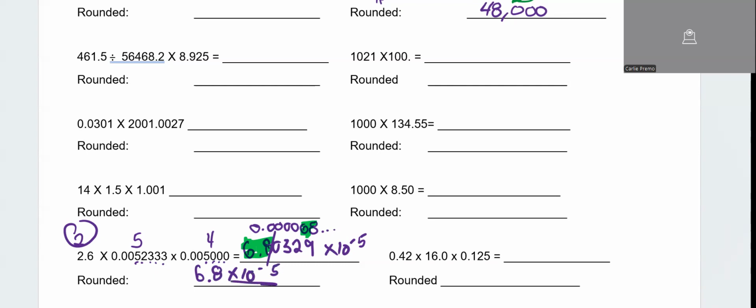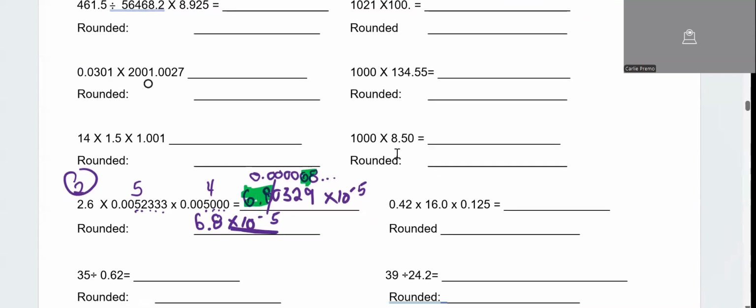Very important that we keep the exponent there, because otherwise I'm just writing 6.8, and that is not the number that it should be, because if we write it in standard notation and round it that way, if that's the way our calculator gave it to us, we would see that 6.8 would not be the same as that number. So again, either of these expressions of that number are fine unless it's specified it has to be a certain way. So the rest of them you can try on your own.